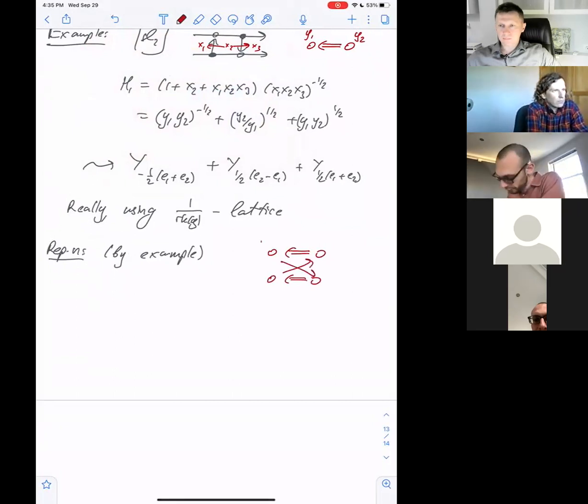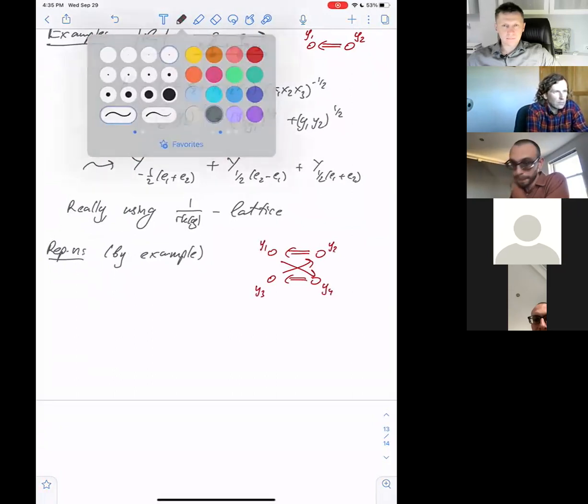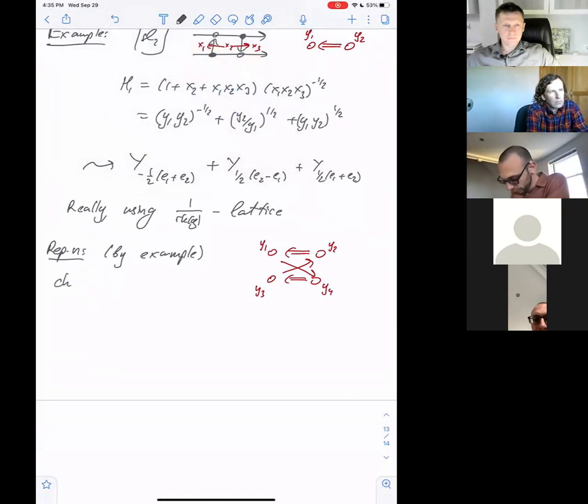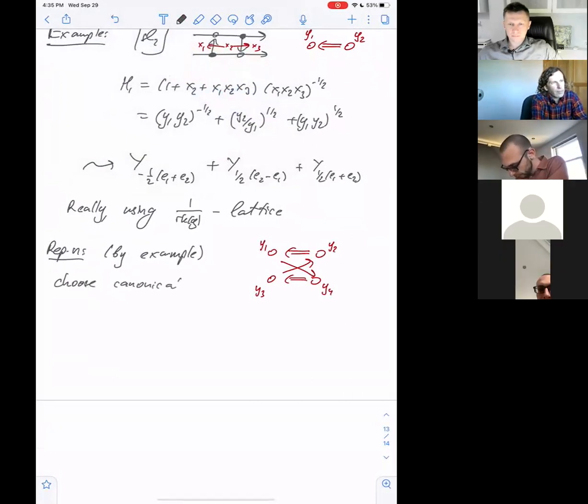So here we have variables y1, y2, y3, y4, and let me choose canonical coordinates xj and pj, where pj is 1 over 2 pi i d over dxj.